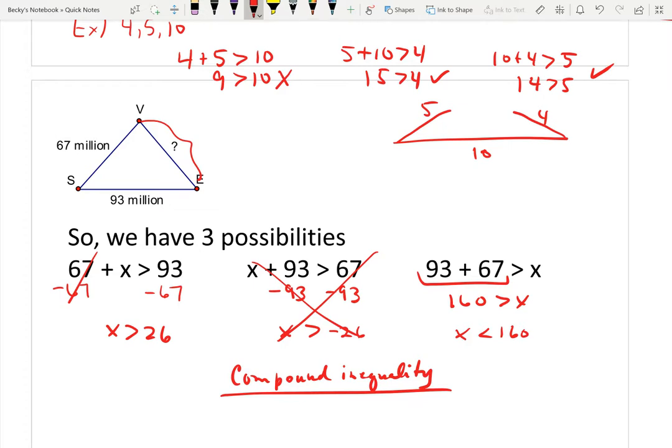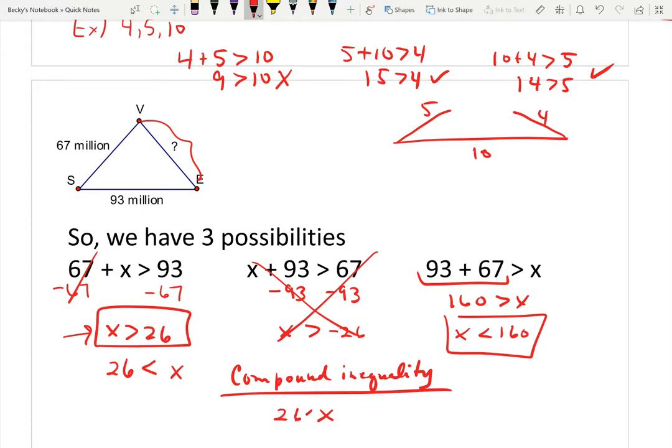All right, so we're going to take these answers and combine them. Now, x is going to be in the middle, so I need to flip this one around. When I do that, I move the 26 to the other side, the x to the other side, and I have to flip the sign.